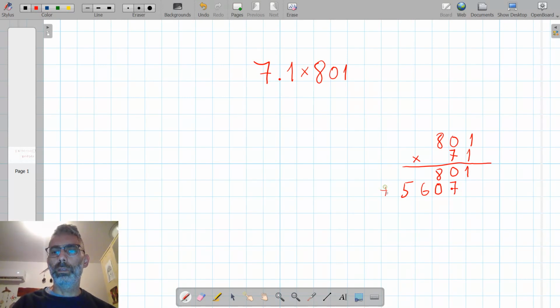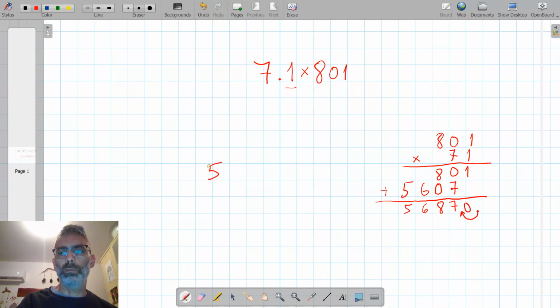Now I add. Because I have one digit to the right of the decimal point here, I shift the decimal point one place to the left. So the result is 5,687.0. So that's the result.